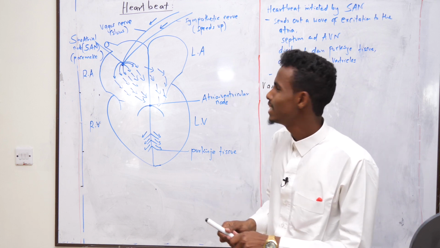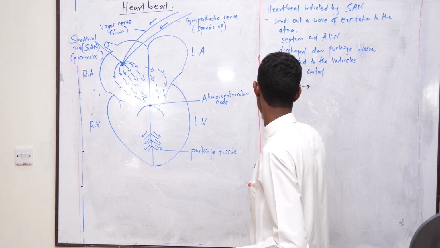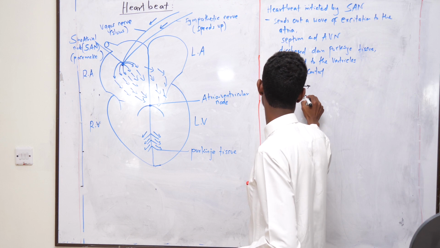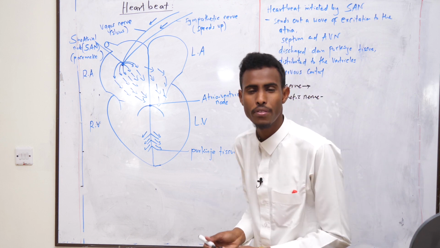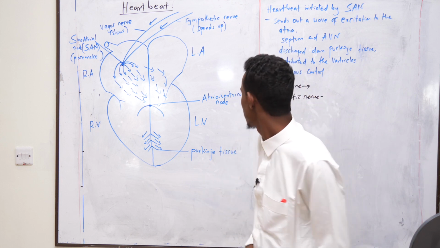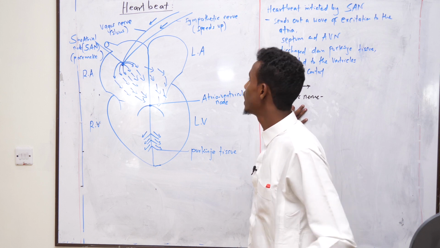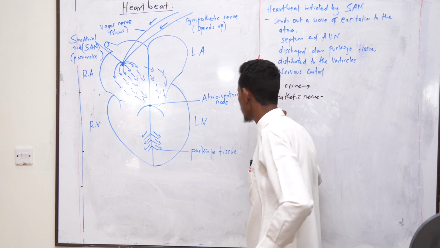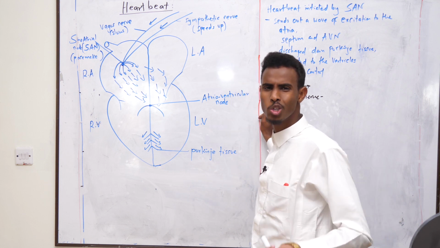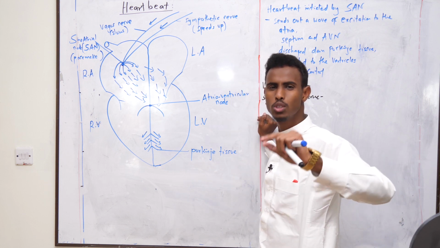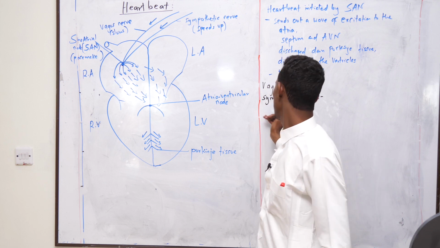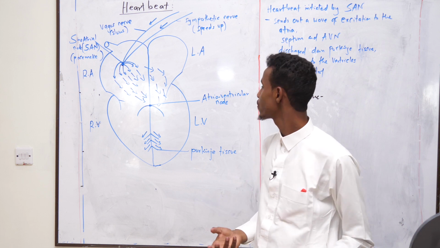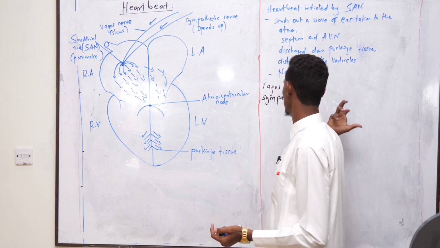We also have the sympathetic nerve. The sympathetic nerve speeds up the rate of heartbeat. The rate of the heartbeat of a normal human being is 72 beats per minute, but the rate can vary depending on age, health, and things of the sort.